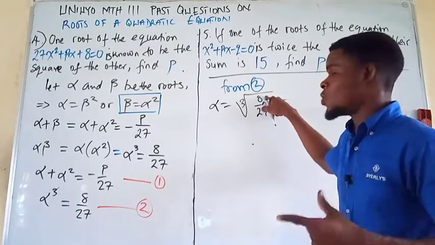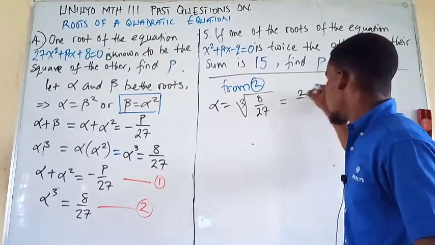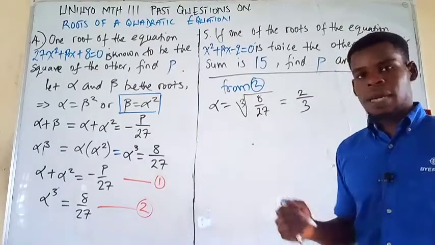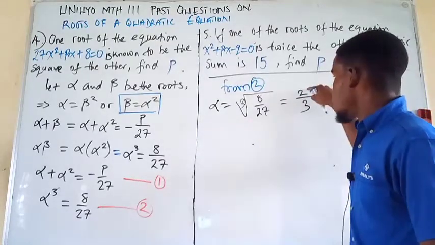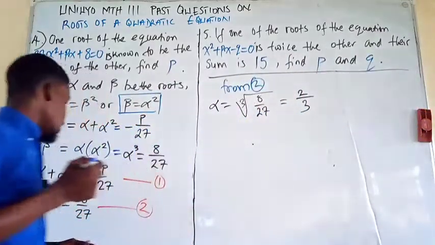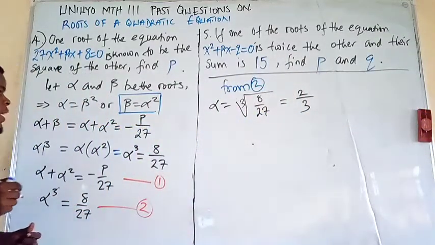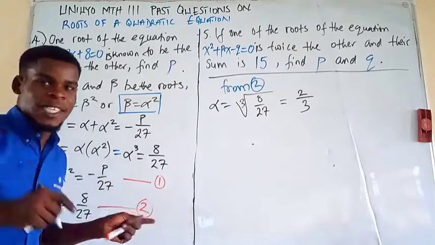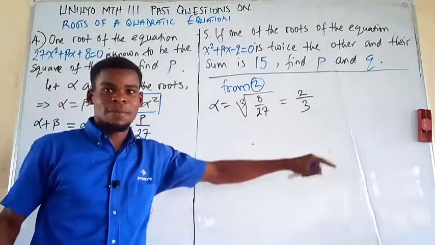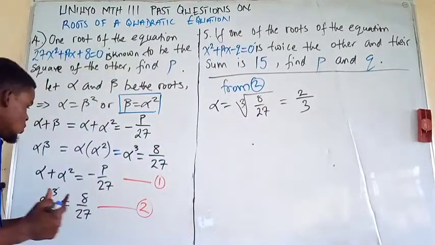So the cube root of 8 is 2, and the cube root of 27 is just 3. So alpha is equal to 2 over 3. Since we've gotten that for alpha, if you were to find the other root, the square of that will give us beta, which will just be 4 over 9. But that's not what we have been asked to do.